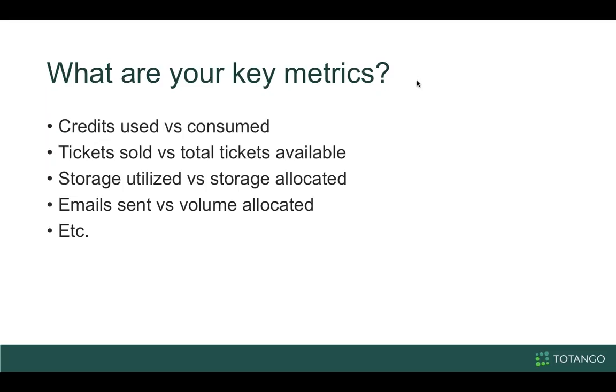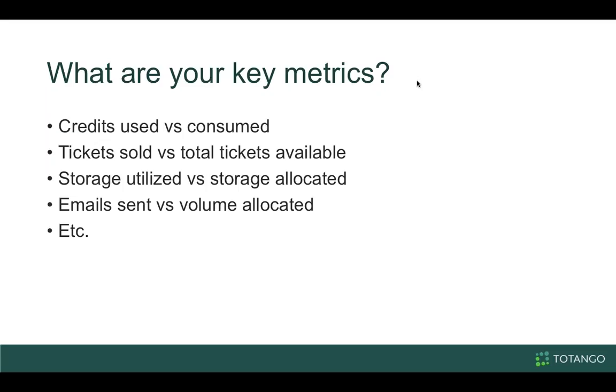The second one, tickets sold versus total tickets available. In a company that helps sell online tickets, the volume of tickets available is our total, and we want to measure ourselves against how many tickets we sell, so we can compute that utilization. We can strive to get better at that, and then we can run programs. Storage utilized versus storage allocated is another one. These are all pretty straightforward ones based on the data that we'll have.